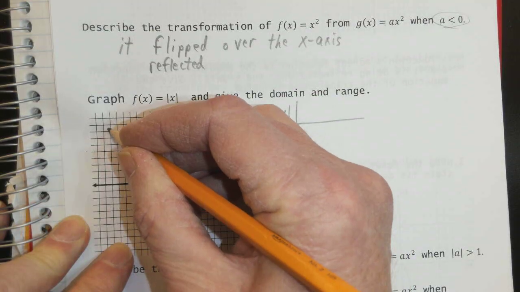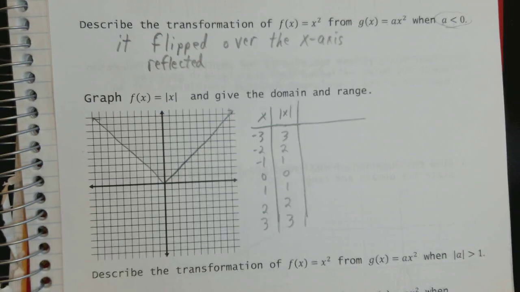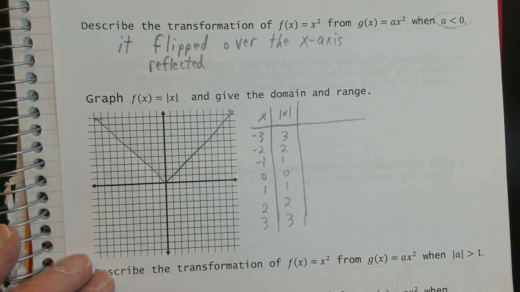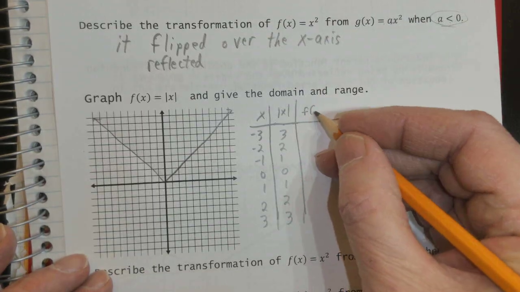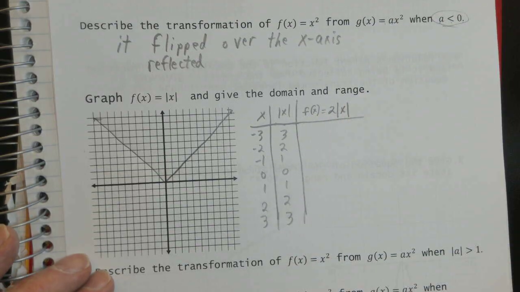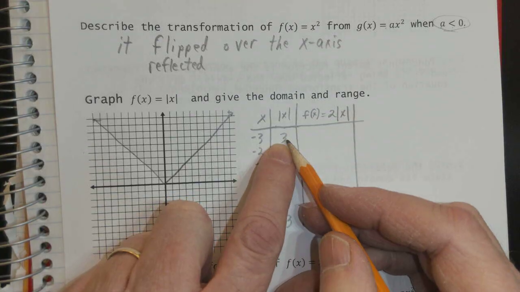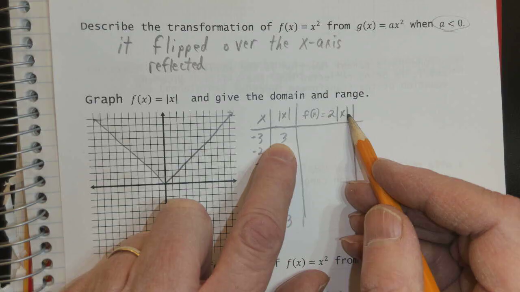Right now, we're just trying to figure things out a little bit. And let's try f of x equals 2 times the absolute value of x. All right? Well, I have the absolute value of x here. I need to take 2 times that. Right?